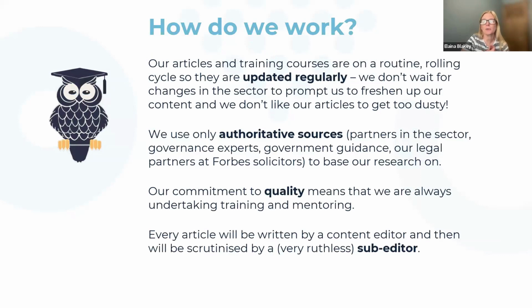So as Jane mentioned briefly, we write an article and obviously we publish it. We don't then just let it sit there and gather dust for potentially years on end. We routinely go through all of our content and regularly review it and make sure that it's still current, still nice and fresh, and that it's explaining things in the best way possible.